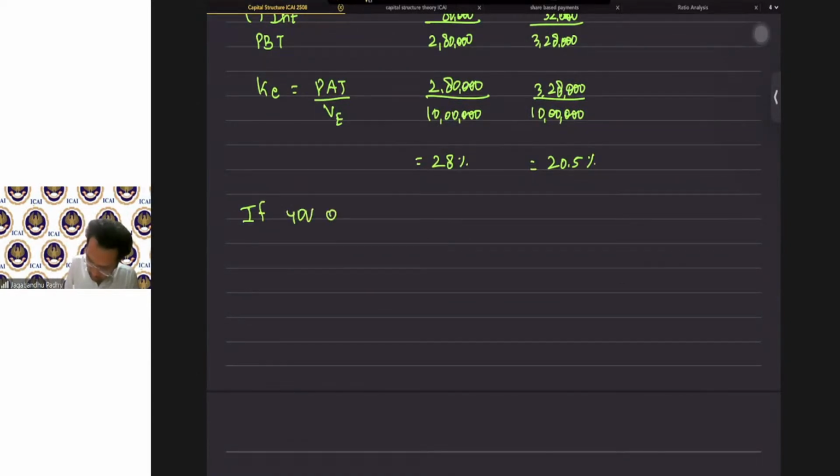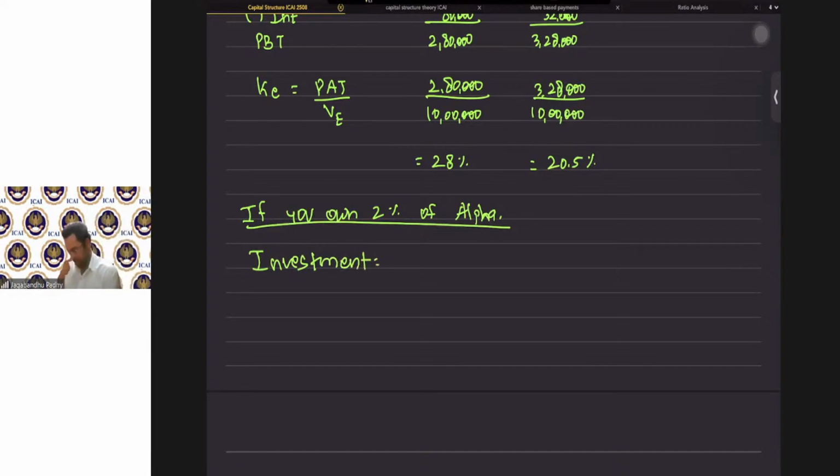What is your investment, by the way? The investment that you have in Alpha is 10 lakh multiplied by 2%, which is 20,000.